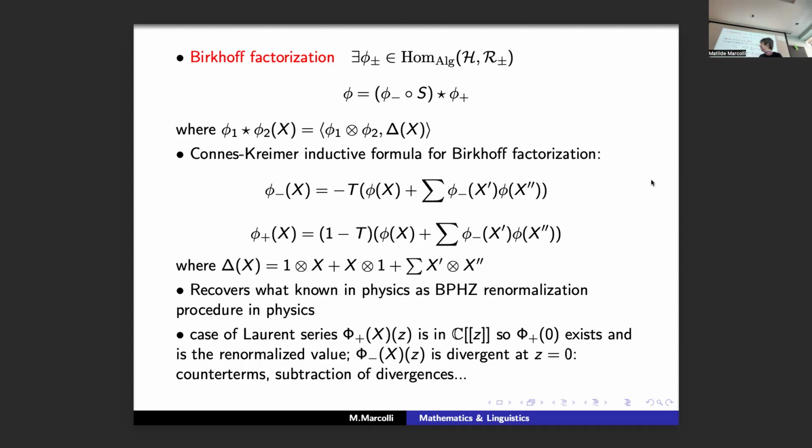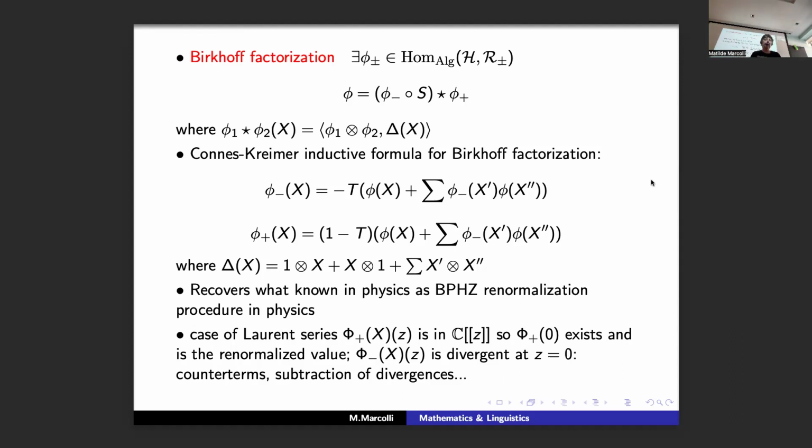Okay, and the other thing is that one manifestly sees that the formulae written in this way actually do match these BPHZ renormalization formulae as they were written in the physics literature originally.